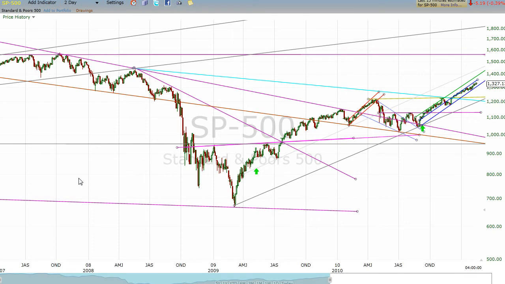The first thing I want to point out is that this was the top of the bull market right here. And when the panic selling finally subsided, the S&P had made a well-defined inverse head and shoulders pattern.